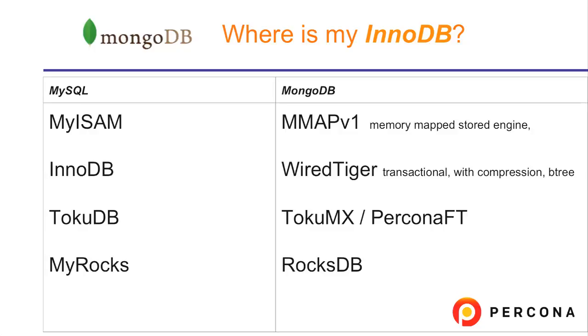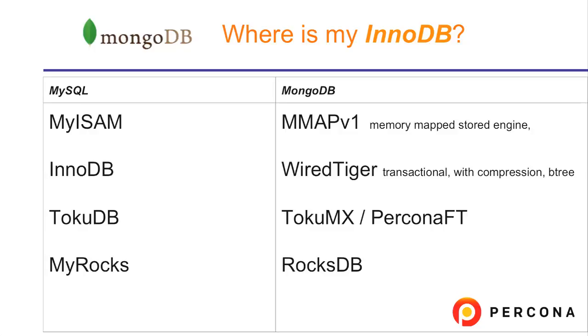And Mark Callaghan just did a very good presentation and introduction to RocksDB. It's also available as MyRocks in MySQL and some distributions of MySQL, and it's available as RocksDB in Percona Server for MongoDB.